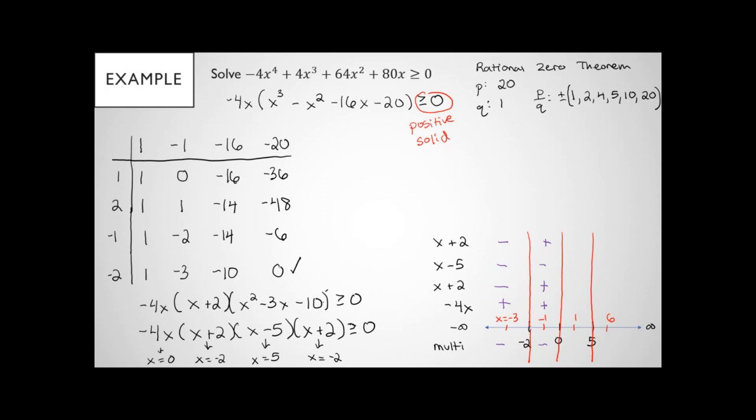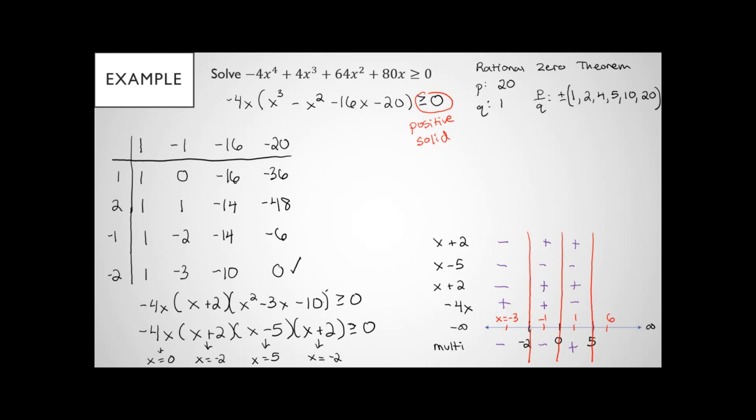Now I need to plug in a number between 0 and 5, so I'm going to choose 1. So 1 plus 2 is 3, that's positive. 1 minus 5 is negative 4, that's negative. Don't need to write the number. 1 plus 2, again, that's positive. Negative 4 times 1, that is a negative 4, so that's negative. Two negatives make a positive, so our multiplication will be positive.